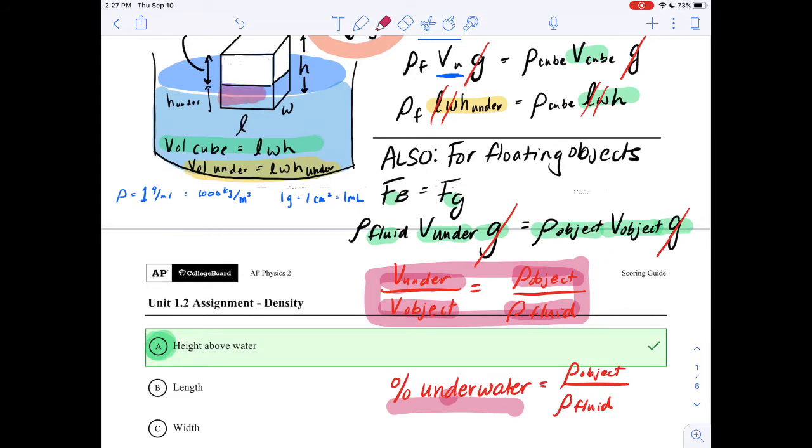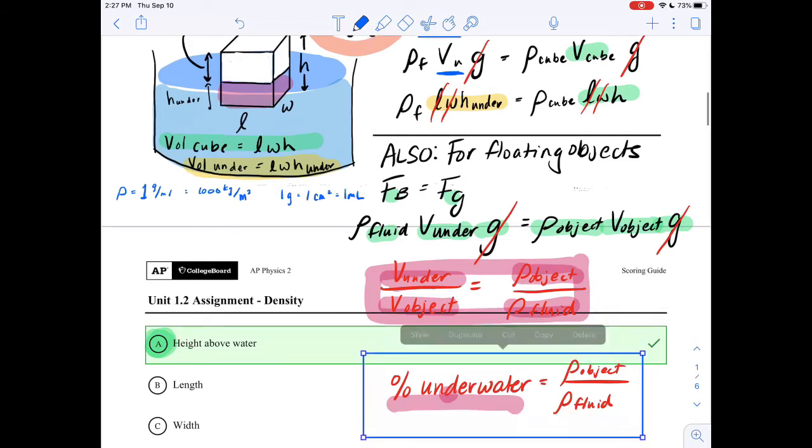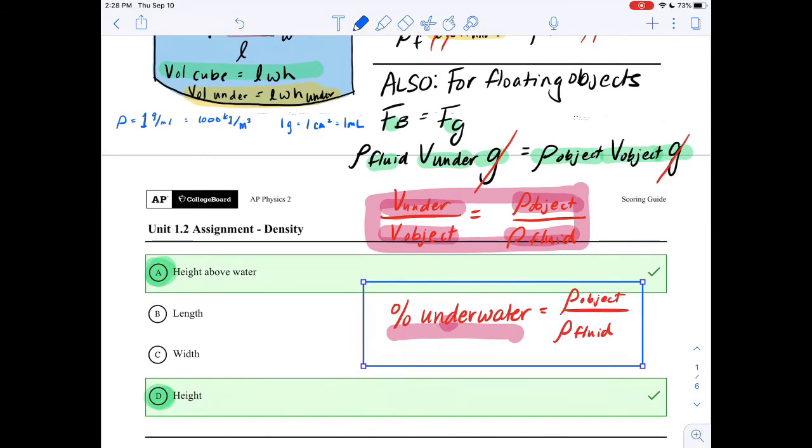So that's this. What percent of the object is underwater? This is a super handy formula, and I am going to refer back to it repeatedly as I go through this lesson or these problems. So again, percent underwater is equal to the density of the object over the density of the fluid.